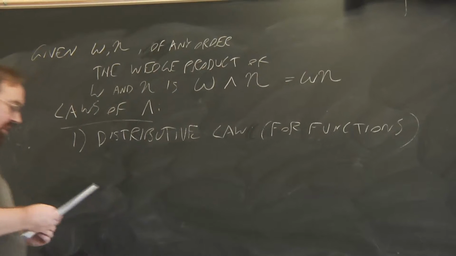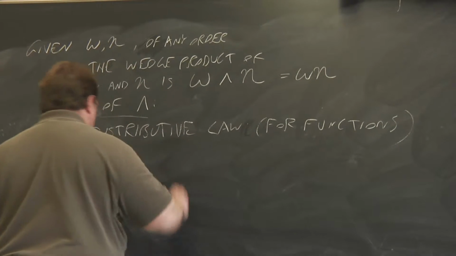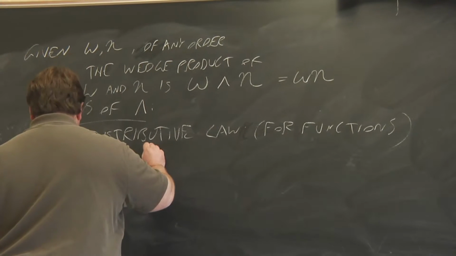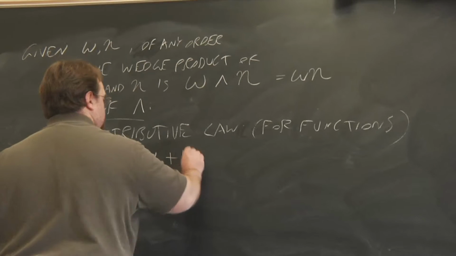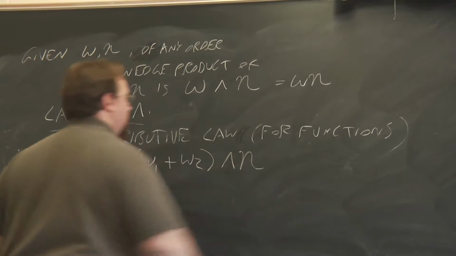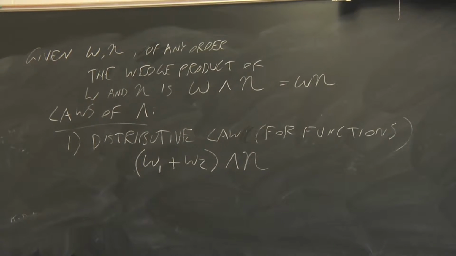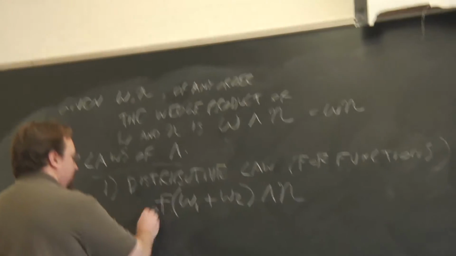So the idea being that if you have two forms, and then you take the product with another form, and then you multiply the whole thing by a function f.